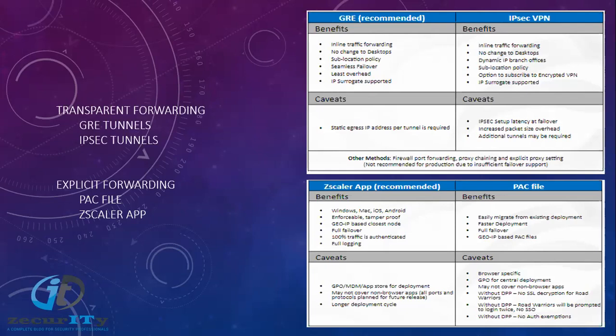GRE has less overhead in terms of data headers, whereas with IPsec you could see more overhead. In terms of failover configurations, GRE is easiest to configure, and most CPE routers will support GRE configurations.